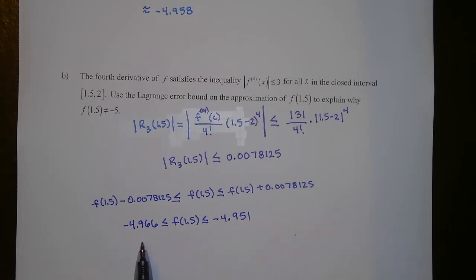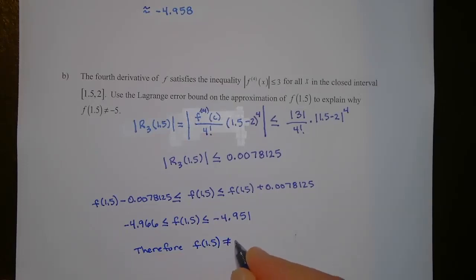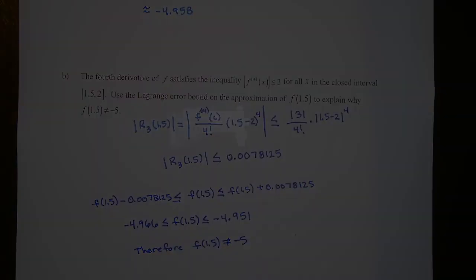Well, where's negative 5 in this? Negative 5 is even smaller than this, so there's no way f of 1.5 can ever be equal to negative 5. That explains why f of 1.5 cannot be equal to negative 5. So we could say something like this: therefore, f of 1.5 cannot equal negative 5. And that's how you answer part B.